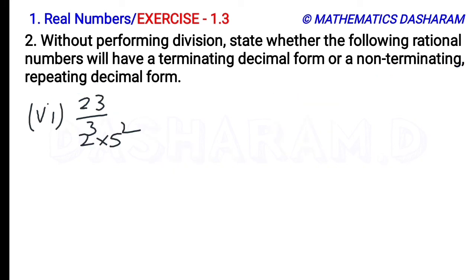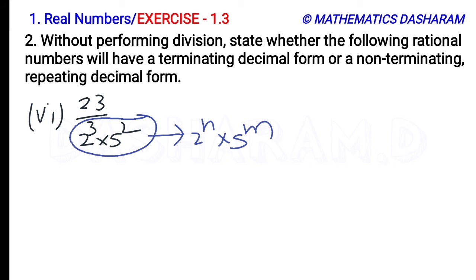Sixth question, 23 divided by 2 cube into 5 square. So here the denominator is directly given in the form of 2 to the power of n into 5 to the power of m. So the given fraction is a terminating decimal.